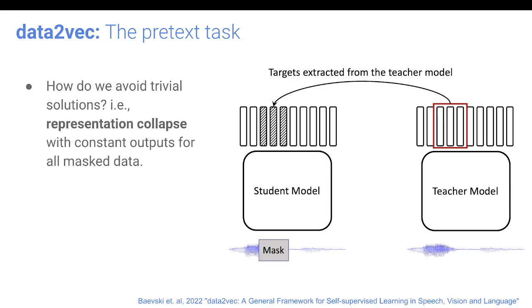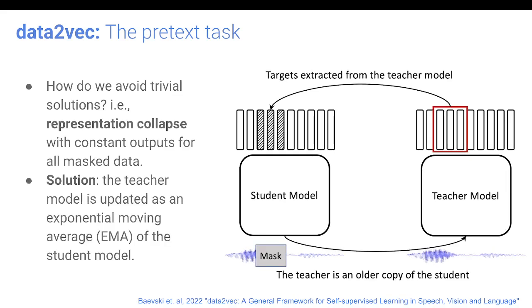But now, because they are assumed to be the same copy of each other, how can you avoid that the representation will collapse, that the student model will just conspire to make a constant output for all the masked data? If they are constant, they can just predict this constant, and your loss will get to zero very quickly and learn some trivial representations.